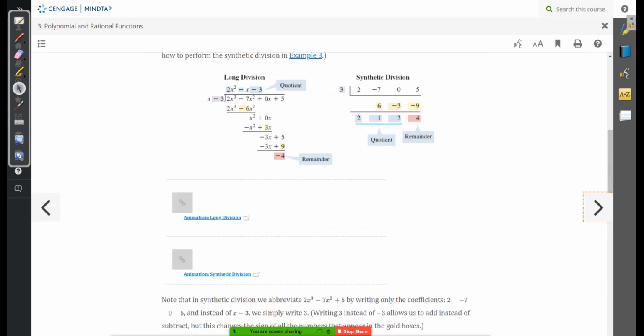The quotient here is the same quotient here. The remainder here is the same remainder here. As you're familiar with, synthetic division is easier, faster, simpler, and better looking than long division. But the bad news is that you can only do it in special cases.